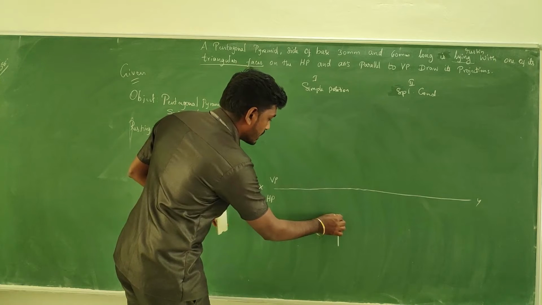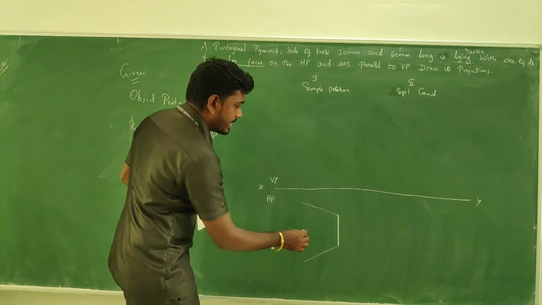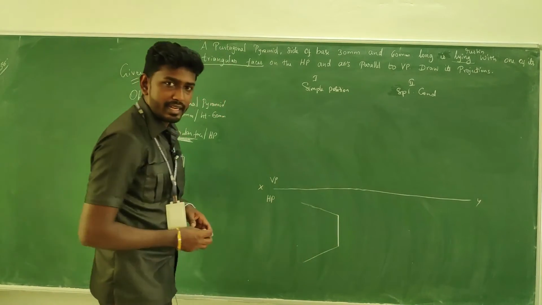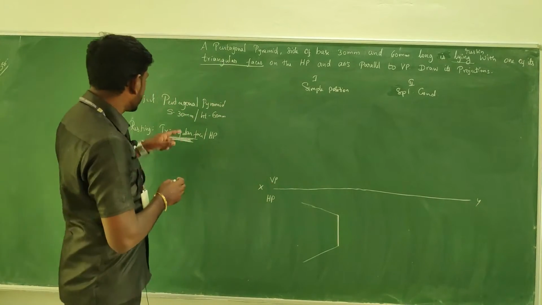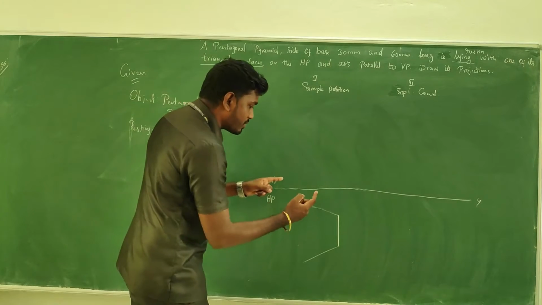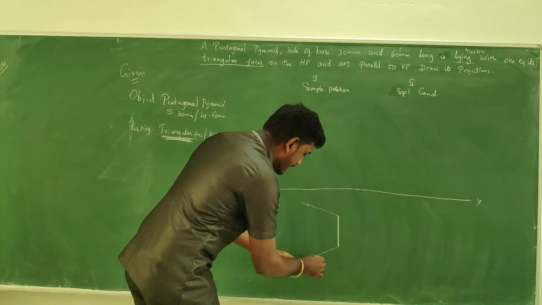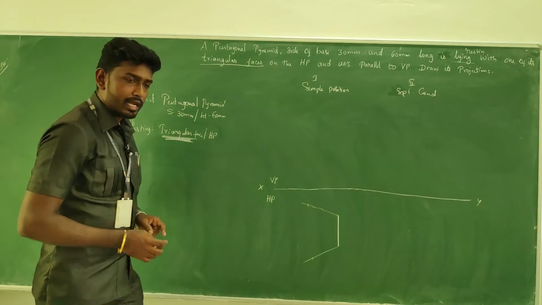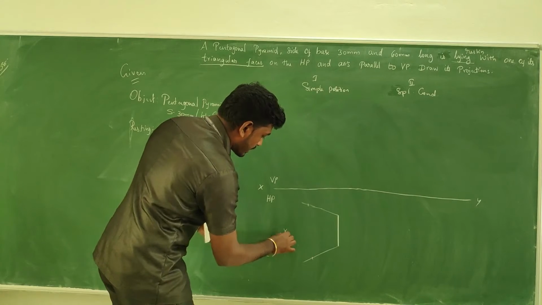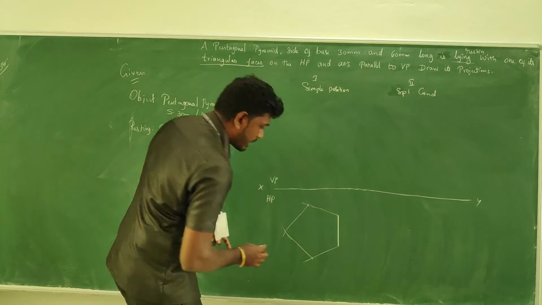We know the procedure. The adjacent sides of the pentagon are at 108 degrees, so by placing your protractor, take 108 degree lines at both ends. It's 30 mm, so first draw 30 mm, and afterwards take it in your compass and from this end make a cut mark, from this end make a cut mark, and afterwards from here and from here make cut marks, so that you get the trace like this.